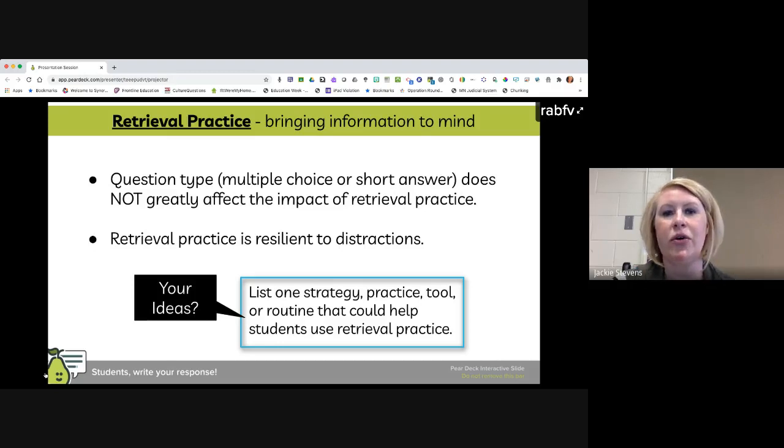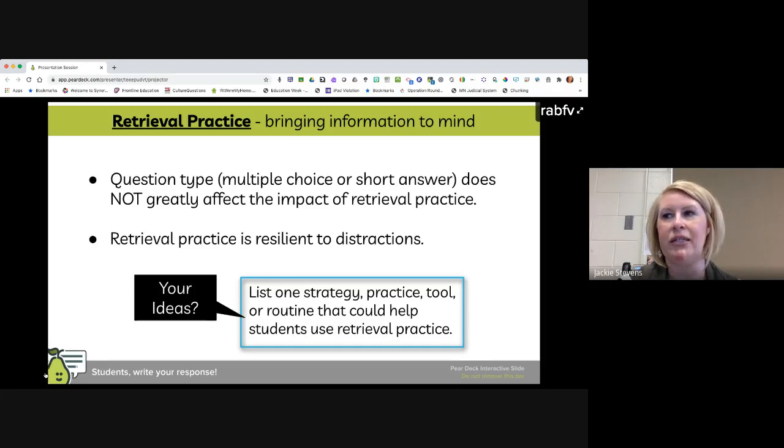It is also resilient to distractions, meaning that when students practiced retrieval practice to study information, even when there were distractions in the classroom, it did not impact their ability to remember what they had studied.